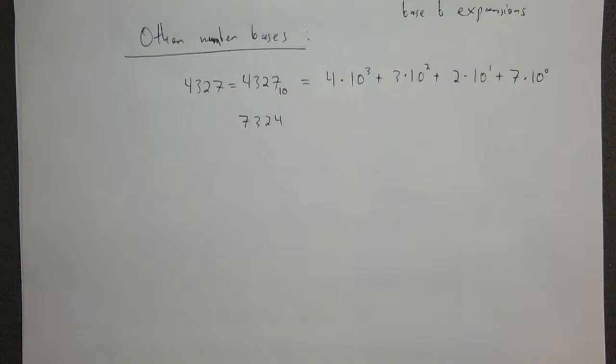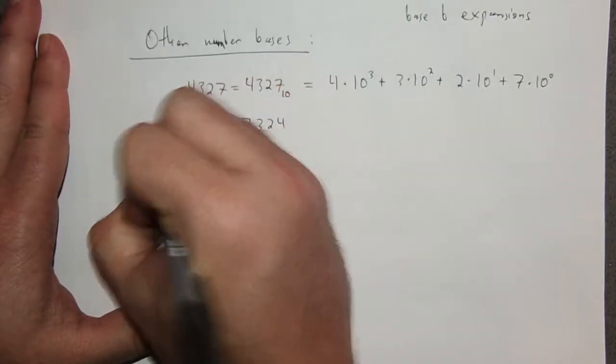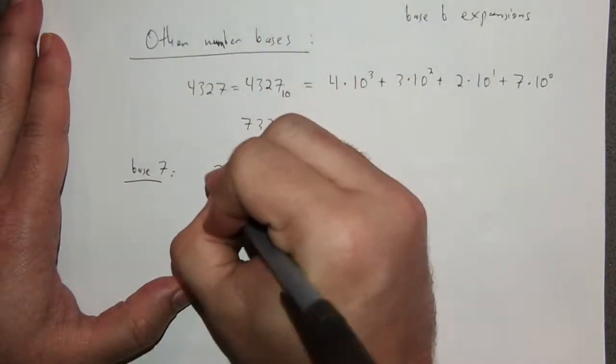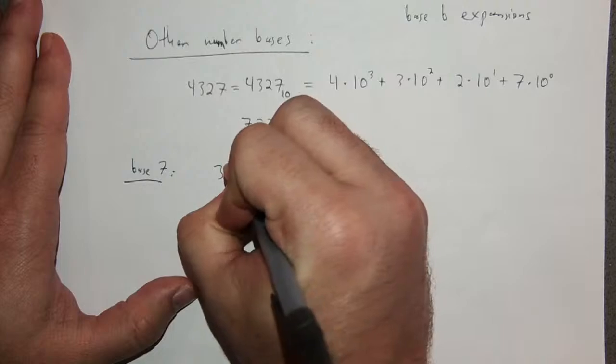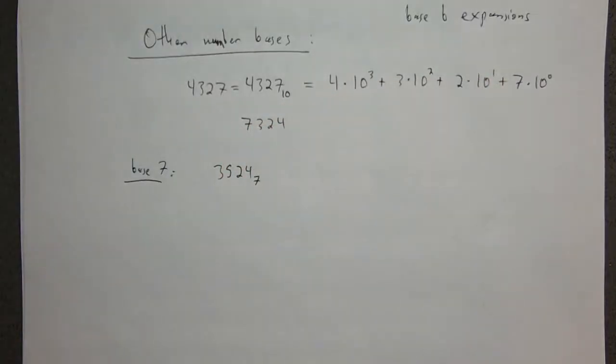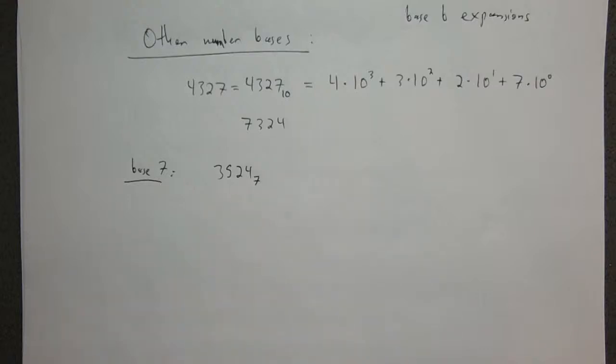So here's an example. In base 7, what about 3,524 in base 7? I already read that as 3,524, but that's base 10 language. This is 3524 in base 7.